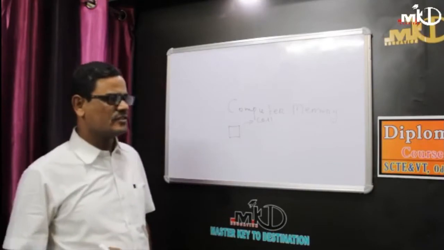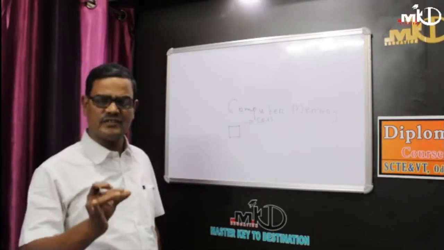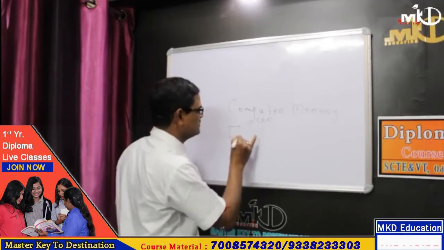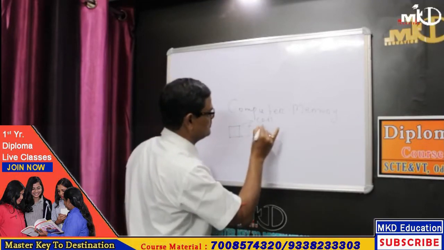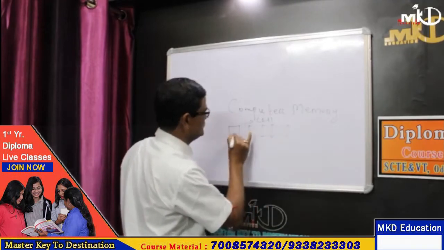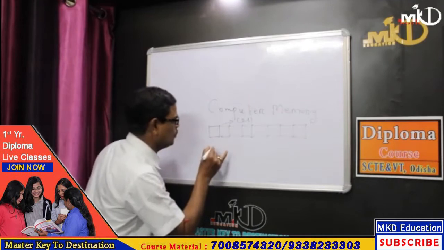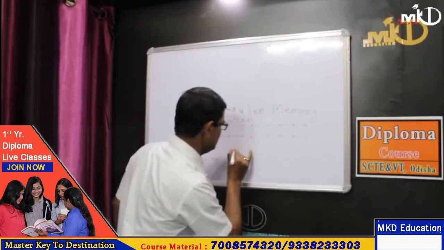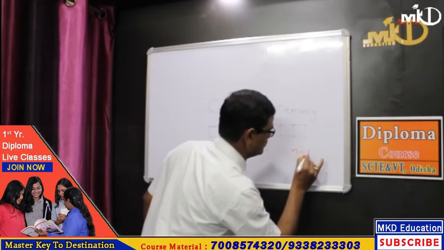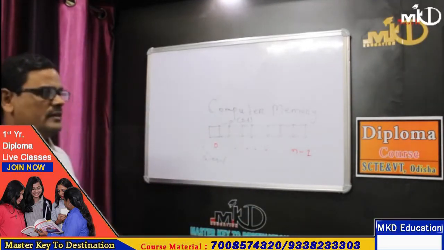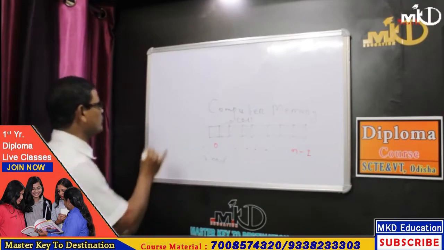Logically, an organized collection of a group of cells is called a location, with addresses which vary from 0 to n-1.